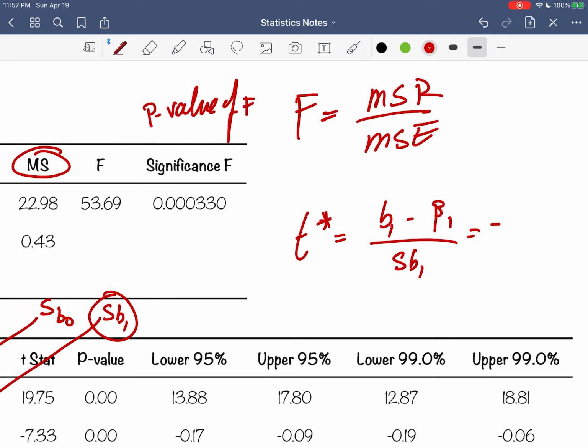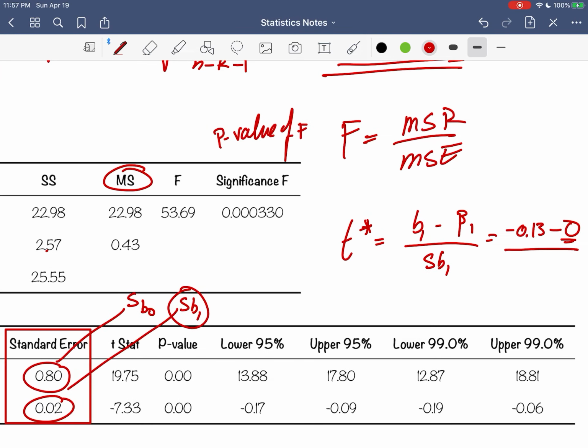So in this case, negative 0.13 minus 0, I got this from the hypothesis, divided by S B1, which is essentially this 0.02 right there. So when you do the ratio, you should get a value close to negative 7.33. Of course, you're going to get something a little bit different, I think around negative 6.5, because I'm using rounded numbers. If the numbers were taken to more precise levels, you would get the value on the printout.